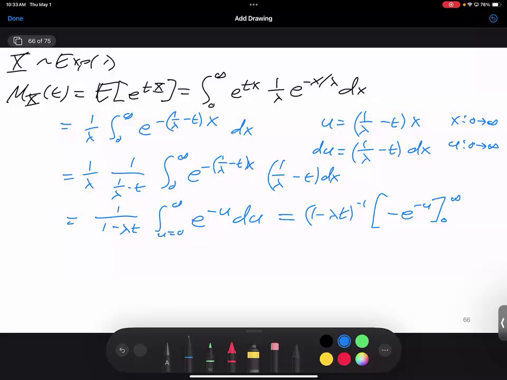When I plug in infinity, I get 0. When I plug in 0, I get negative 1. So we just get (1 minus lambda t) inverse. So that would be the moment generating function of the exponential. Okay. Does that look familiar to you? This is 1 over 1 minus lambda t. Does that look like anything you've seen before?